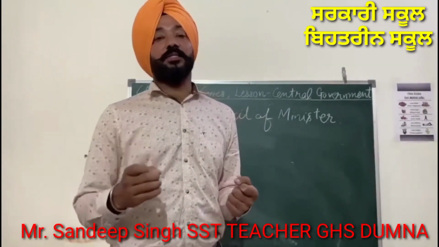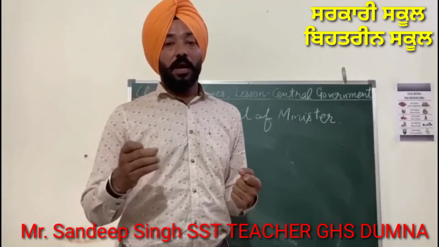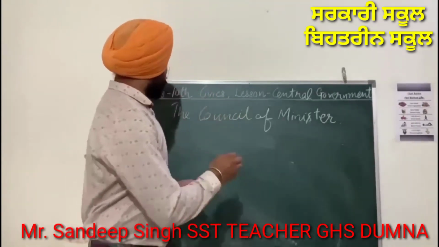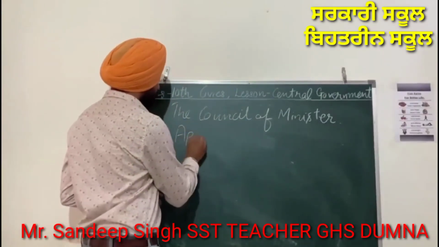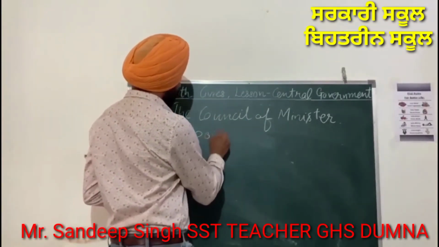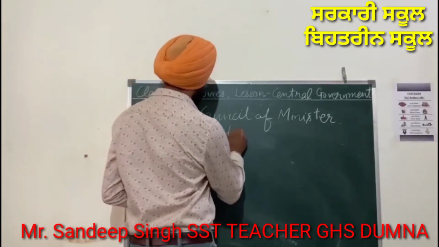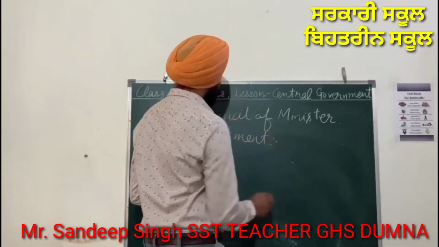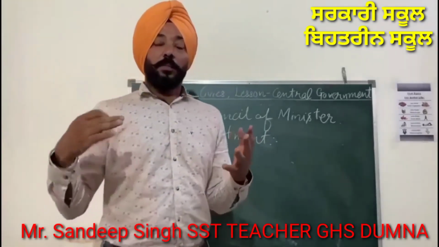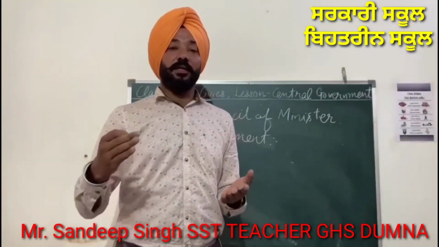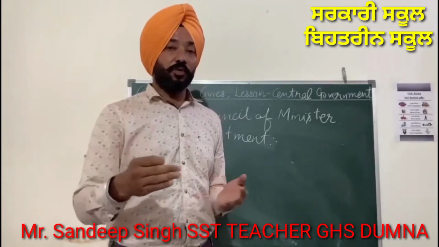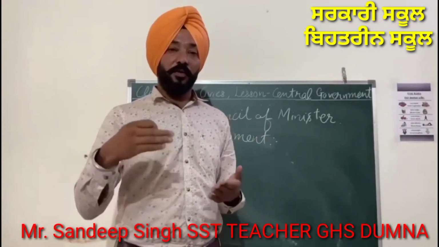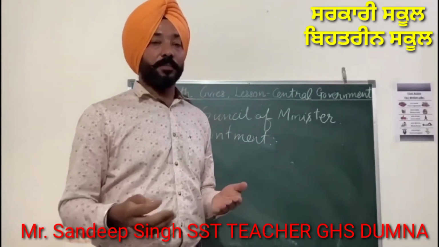It runs the administration of the country under the leadership of the Prime Minister. Appointment: the appointment of the Council of Ministers is done by the President of India. The Prime Minister of India submits the list of the names of the ministers to the President, and the President appoints them on the advice of the Prime Minister of India.